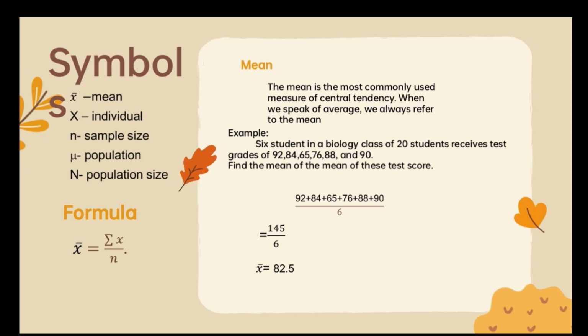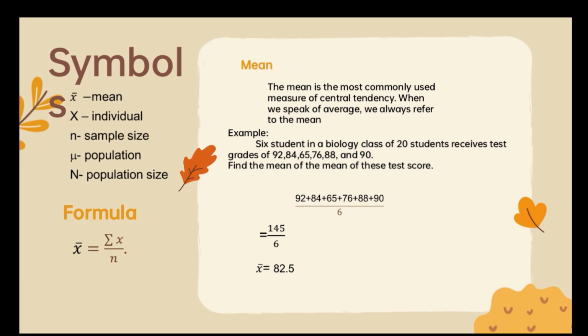The formula of the mean is equal to the summation of x over n, where n is the sample size and the summation of x is the sum of all the data points.